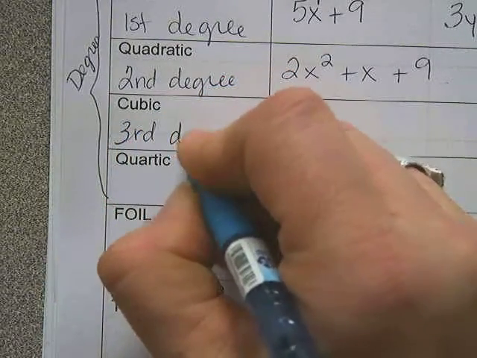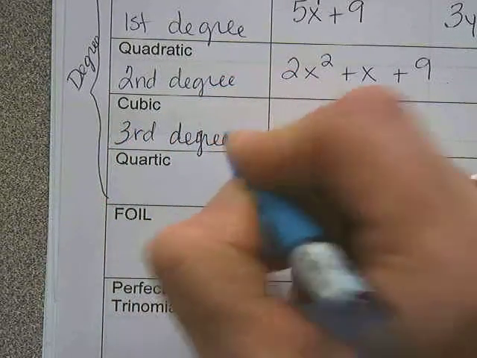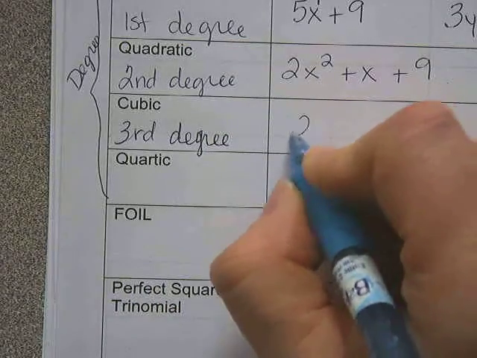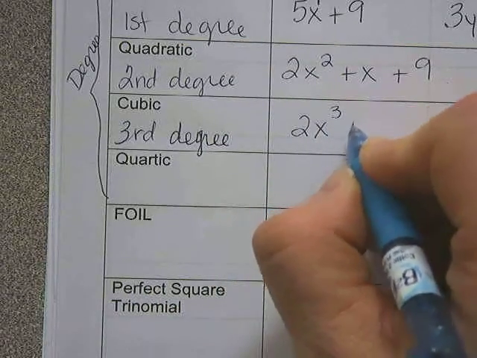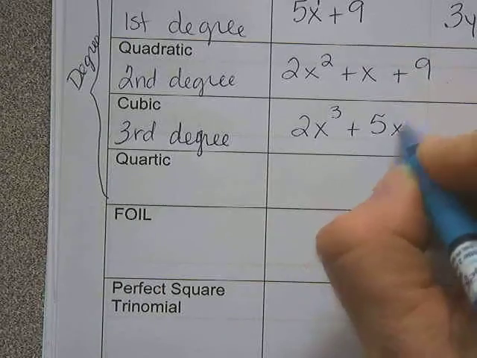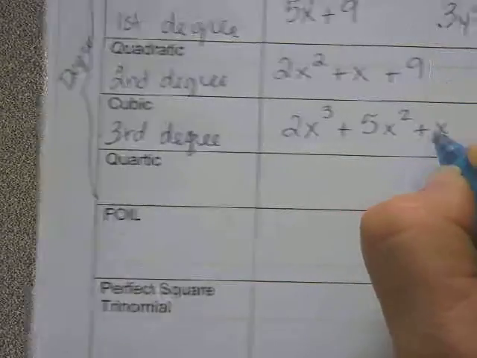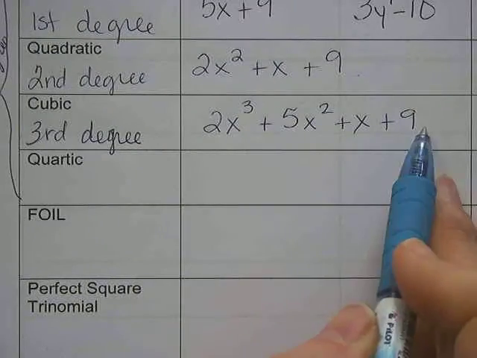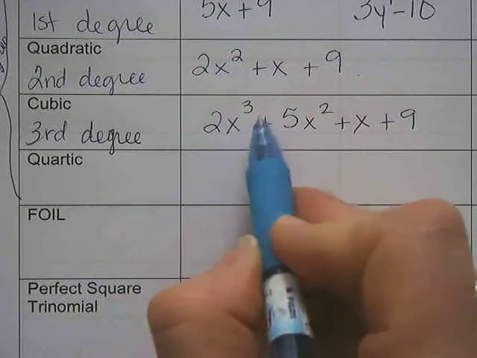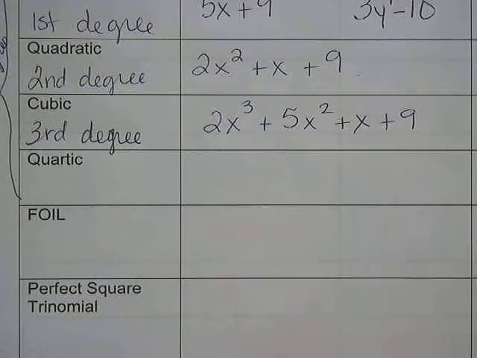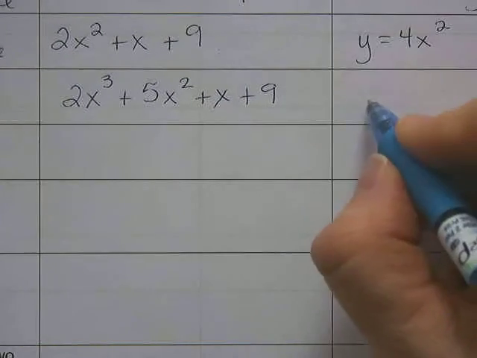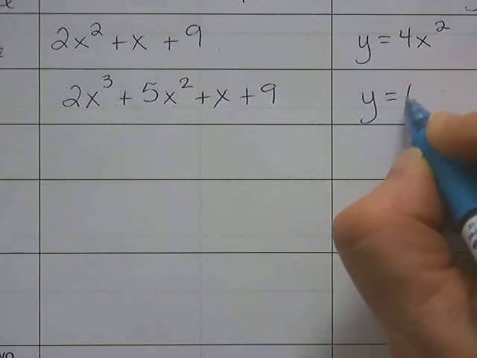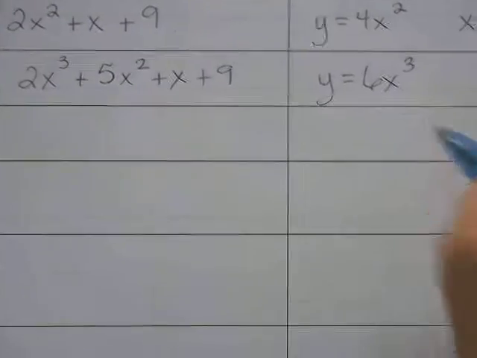Cubic is third degree, and we will hit that near the end of the year. So examples of cubic would be something like this. Even though this is many terms, it's a polynomial, it's still third degree because the greatest power is 3. So another example of a cubic equation.